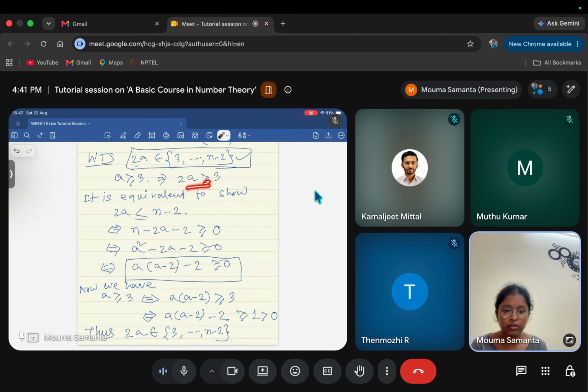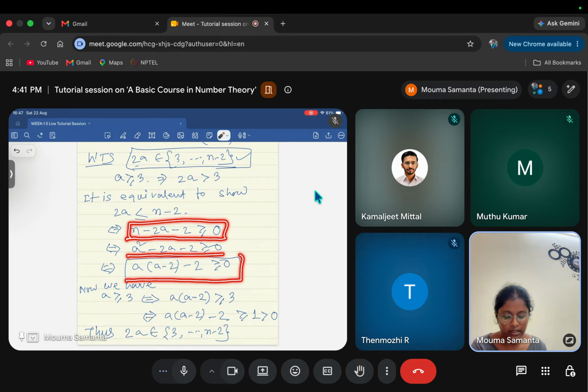This is the lower bound. Another bound we have to show is the upper bound, that is 2a is less than or equal to n minus 2. We break it into equivalent conditions. 2a is less than or equal to n minus 2 is equivalent to saying n minus 2a minus 2 is greater than or equal to 0, and this is equivalent to this condition.